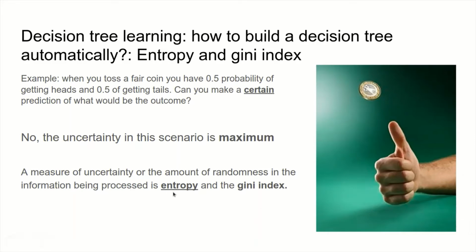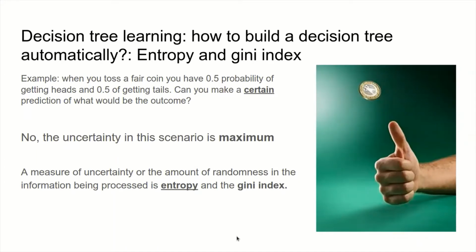So this concept of entropy comes from a field called information retrieval, which is a specific field of computer science that deals with the problem of how information is processed, the amount of randomness with which information can be processed. So we can define uncertainty as the amount of randomness in the information that we're processing. So this is called entropy or Gini index.